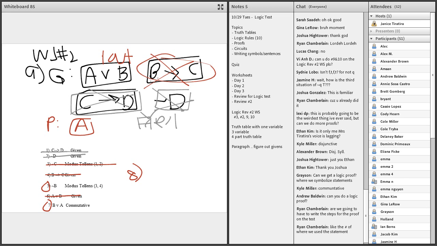I meant A. So you choose again, B or A. It says don't choose A. So you must choose, I'm saying it wrong. I'm so sorry. Okay, it says choose B or A. However, it says don't choose B. So that means you have to choose the other option, which is A, and that is disjunctive syllogism using statement 5 and 7.